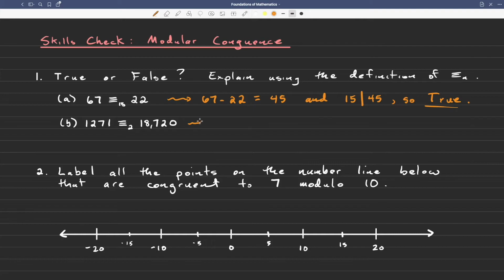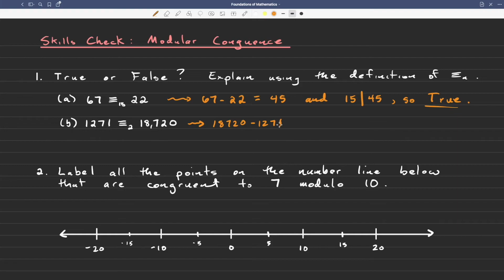On the second one, honestly, I can kind of tell right away that it's false. When you're doing congruence modulo 2, you're just talking about even and odd, basically. Everything that's congruent to 0 is even, and everything that's congruent to 1 is odd. But if you just follow the definition, I could take 18,720 and subtract 1271.